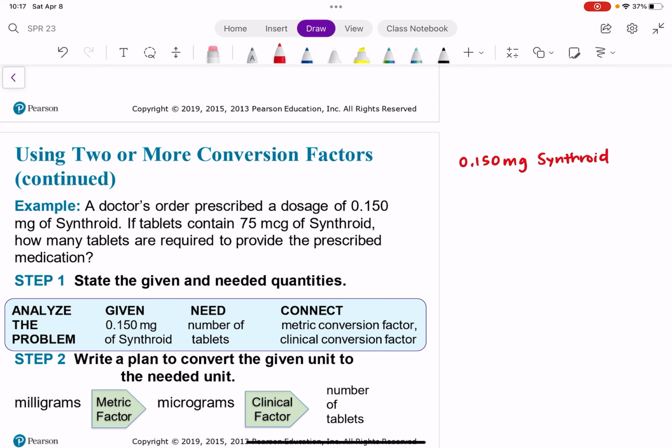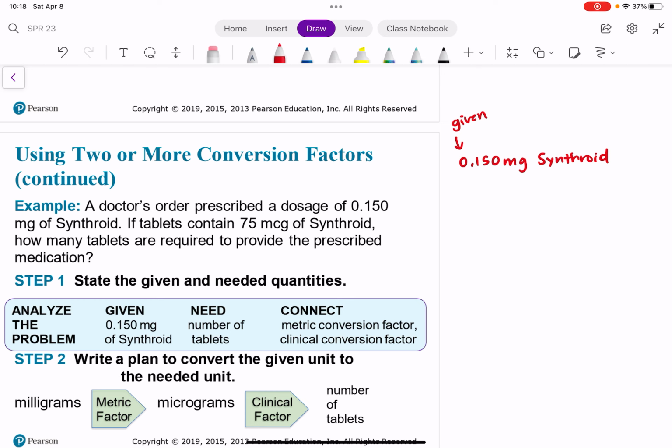So I'm just writing that down. Okay, so that's what we're given. So let's do given. If tablets contain 75 micrograms of Synthroid, how many tablets are required to provide the prescribed medication?